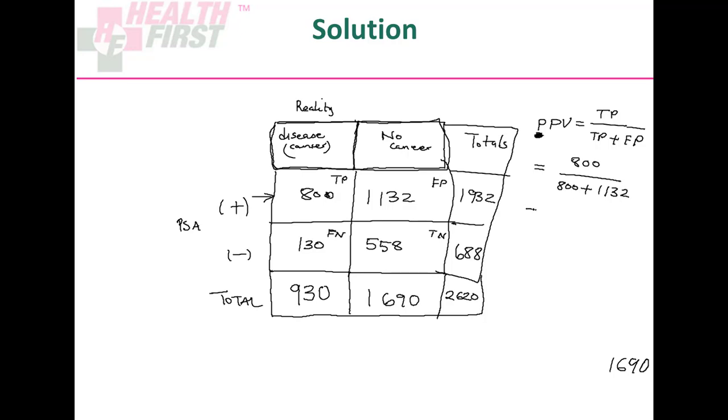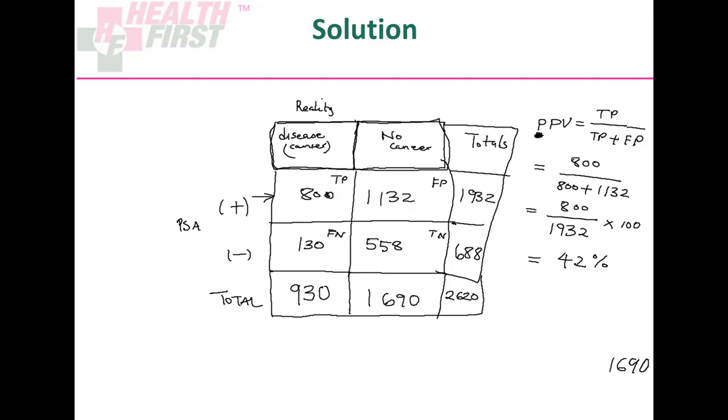So this becomes 800 divided by 1932. If you express this as a percentage, you multiply by 100, and this comes to 42%. That's the positive predictive value.